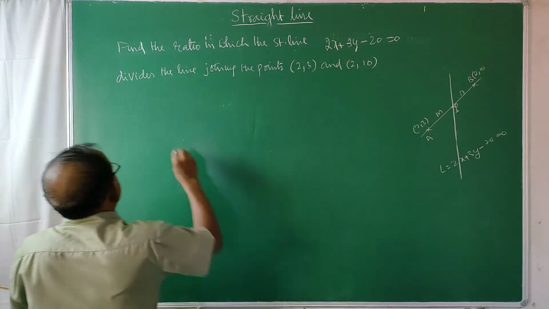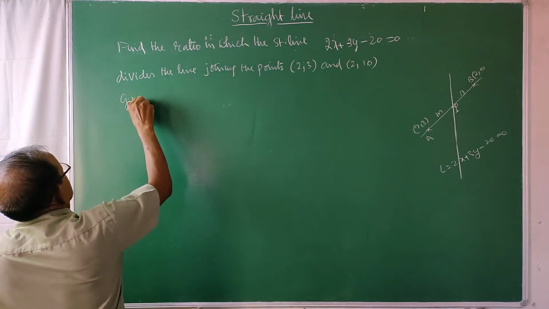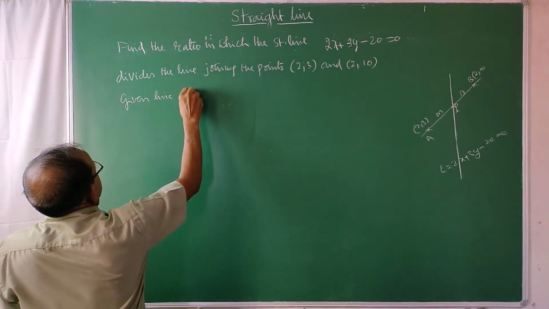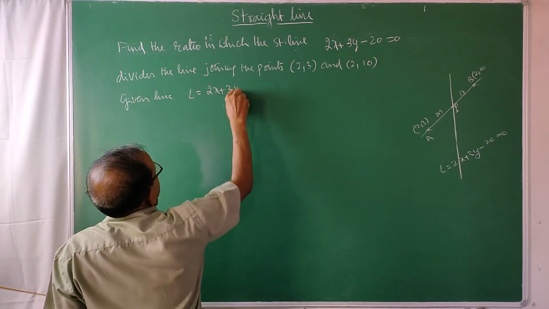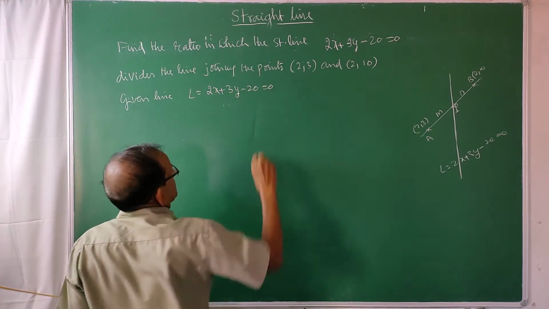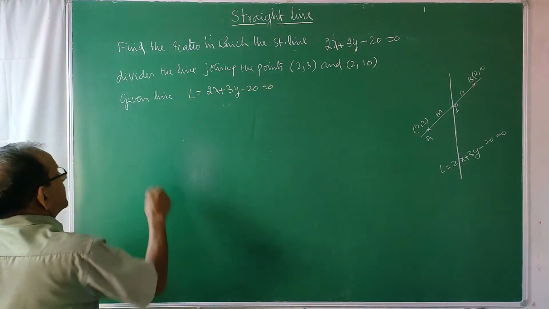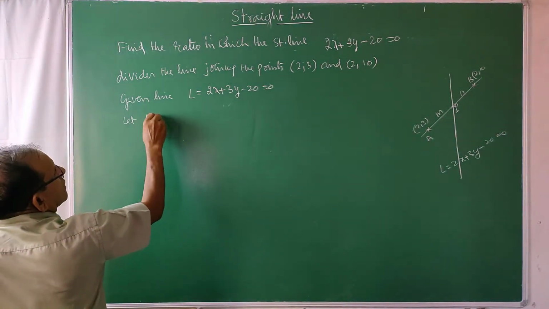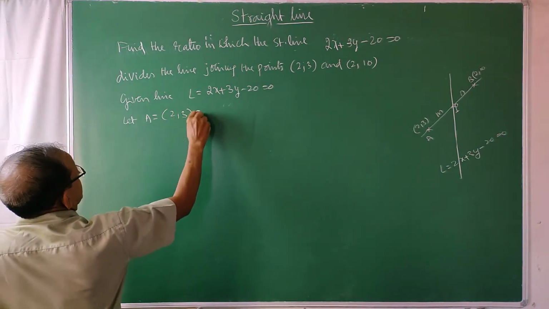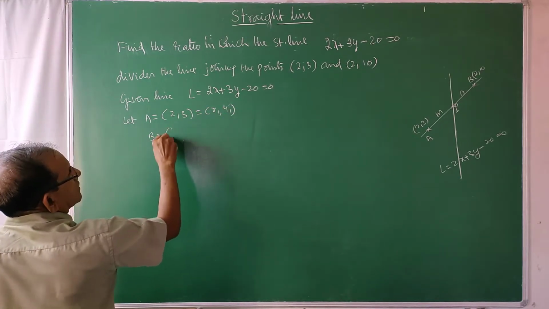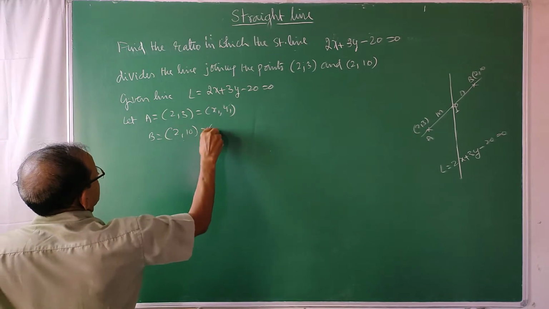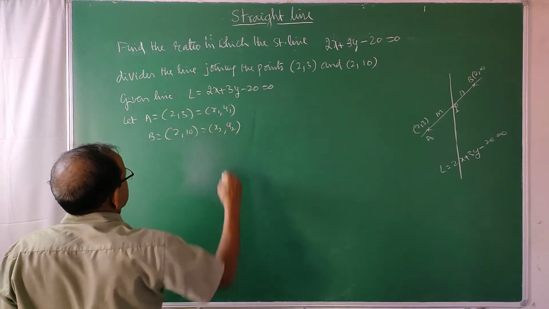So the given line, let us take it as L is equal to 0, that is 2x plus 3y minus 20 is equal to 0. First point, let A is equal to (2, 3), take it as x1, y1, and B is equal to (2, 10), take it as x2, y2.